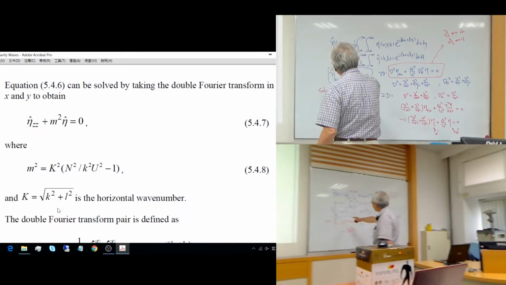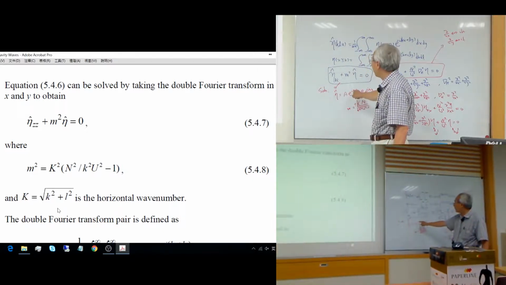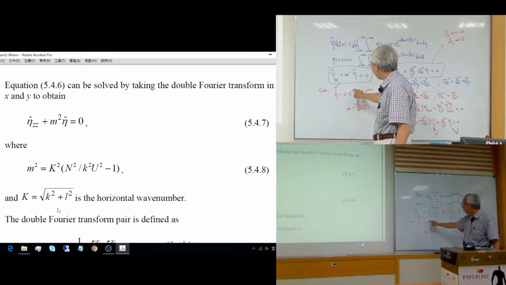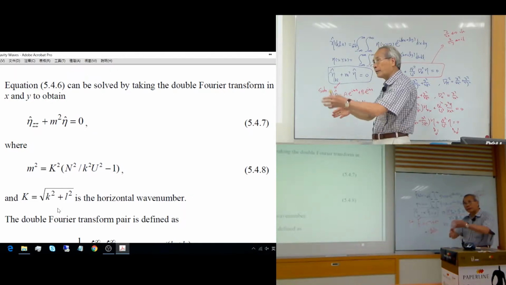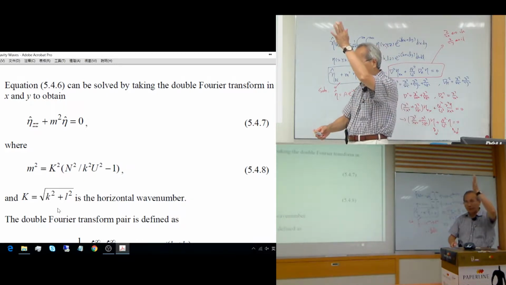This term could be real or imaginary. If m is real, that gives us the vertically propagating wave.